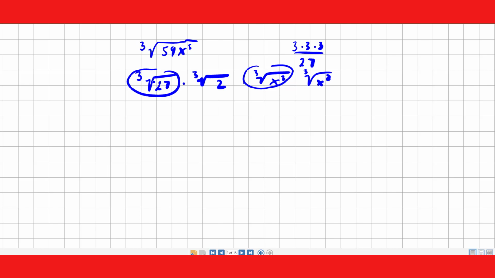So the cubed root of 27 is 3, and the cubed root of x to the 3rd is x. So that leaves us with 3x times the cubed root of 2 times the cubed root of x squared in simplest form.